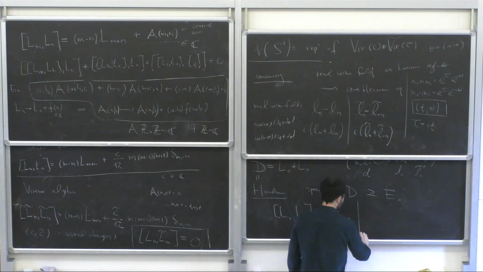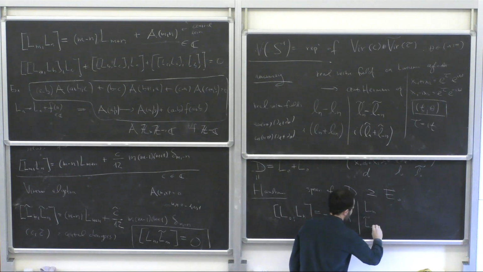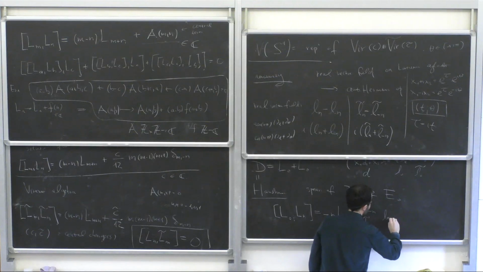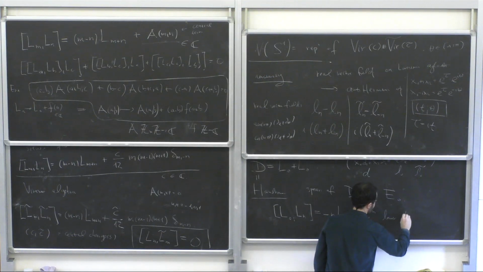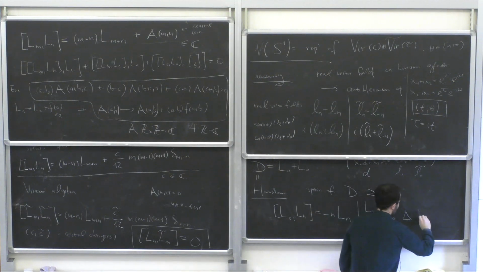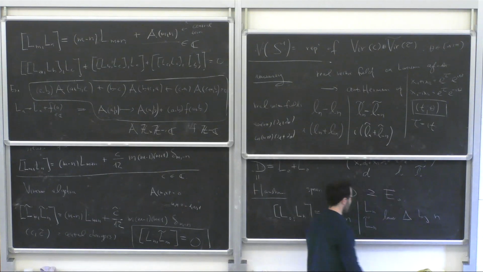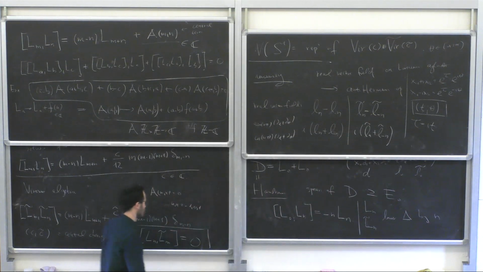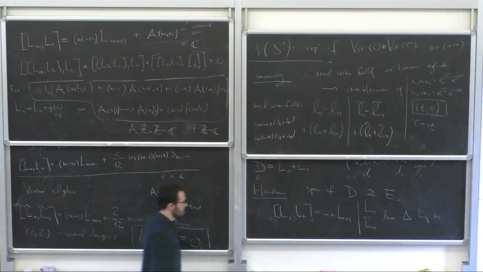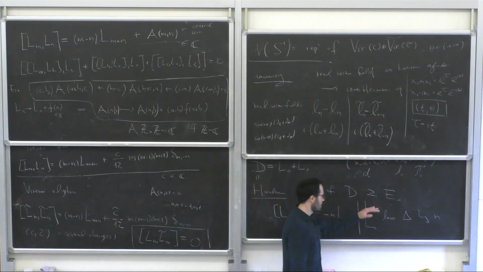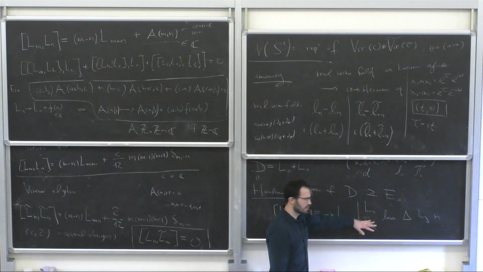So both Ln and Ln tilde lower the energy by n. So eventually I have to reach a state which is annihilated by all Ln's and Ln tildes with positive n.